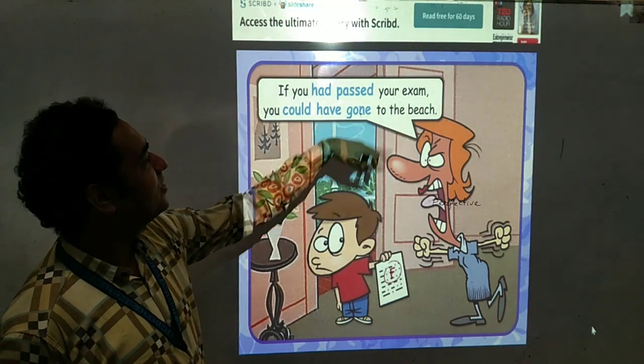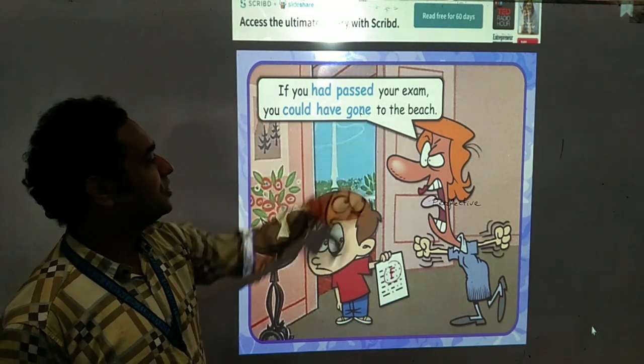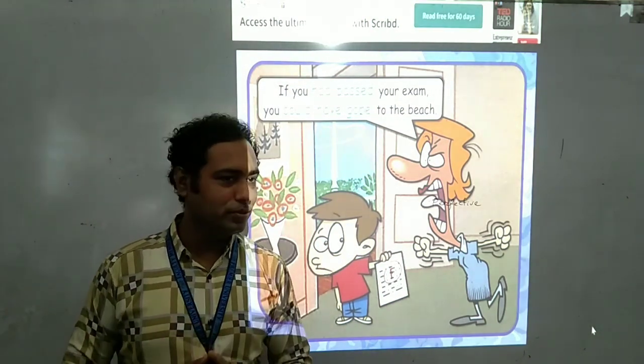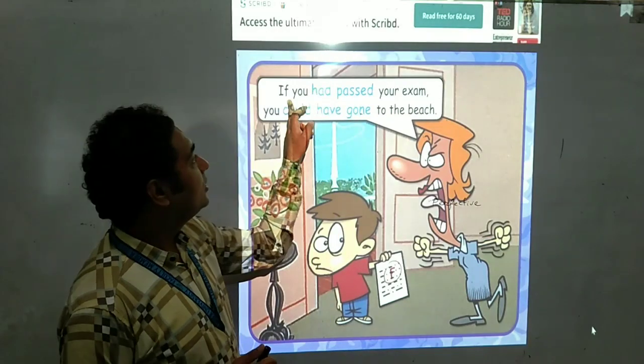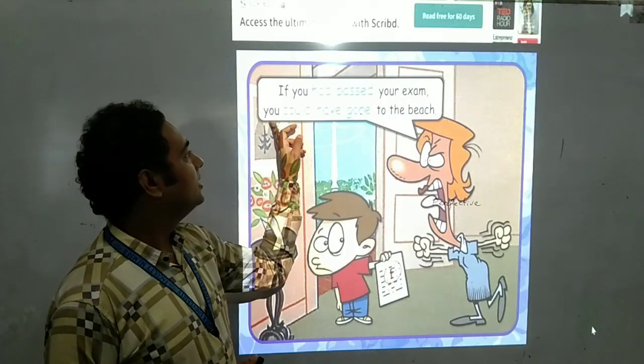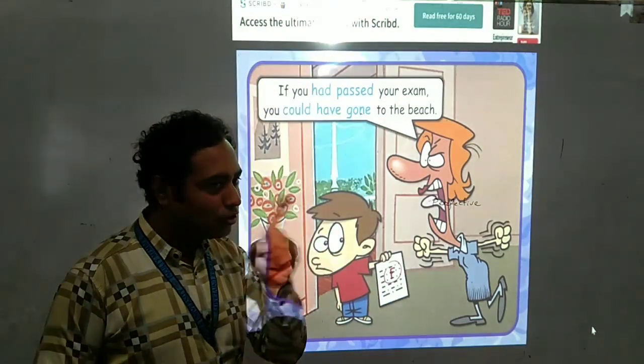If you had passed your exam, you could have gone to the beach. Because everything is impossible now. If you had passed the exam, you could have gone to the beach, but because you failed, you cannot go to the beach.